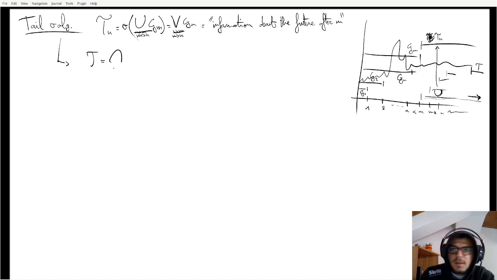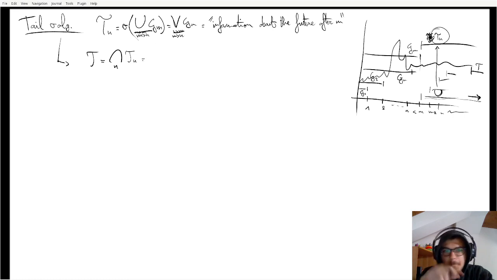So this is the intersection over m greater than n of what? Of G_m, I guess. No, it's actually the intersection of all these T_n, of all these things here.